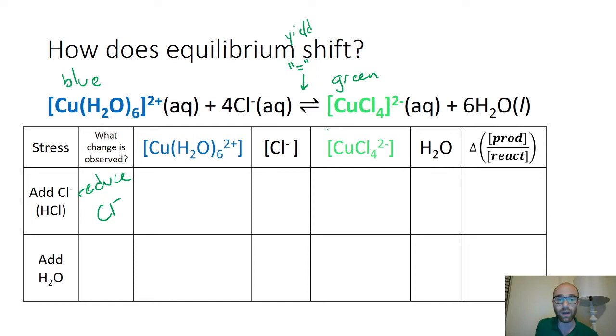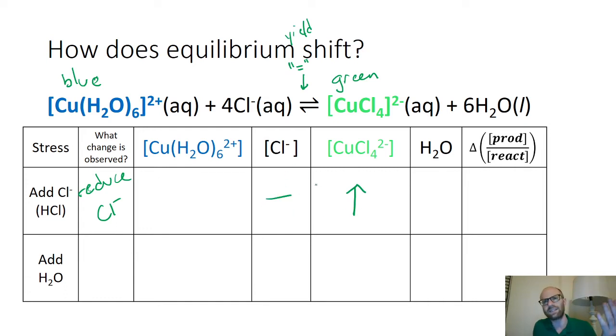So the number one way I can make the chloride go down would be to make the forward reaction happen. I want copper with the waters to combine with the chlorides to make more of the copper chlorides. In fact, if I do this, now I will have less chloride afterward.